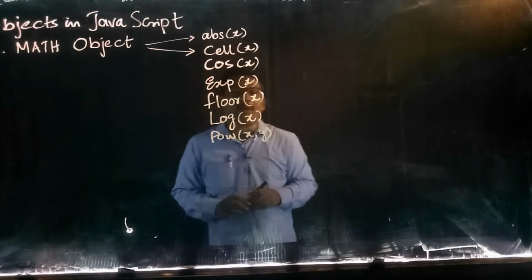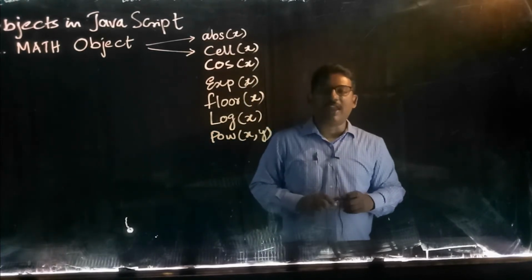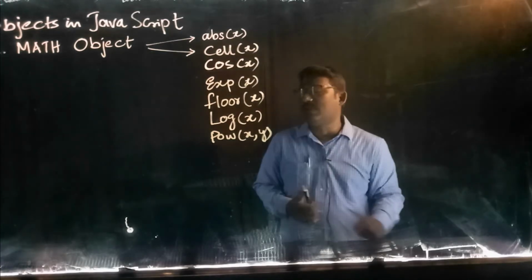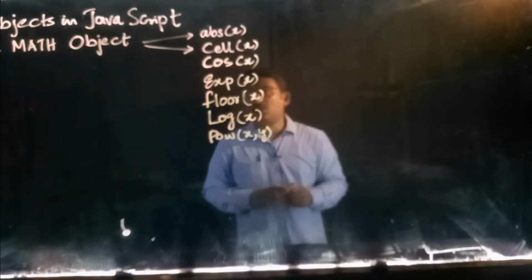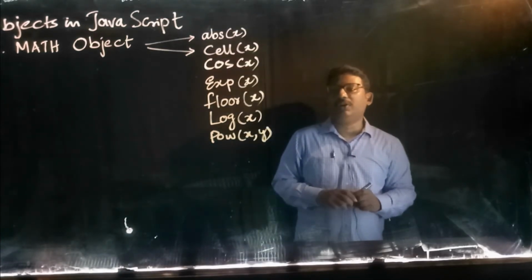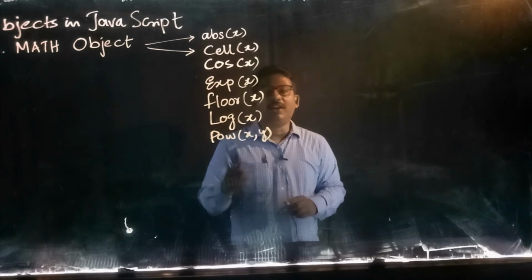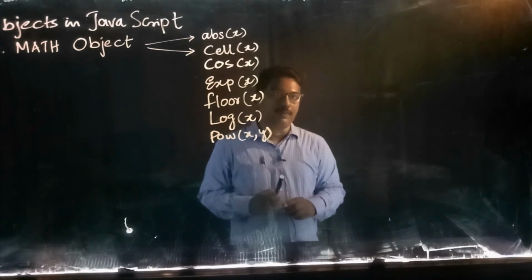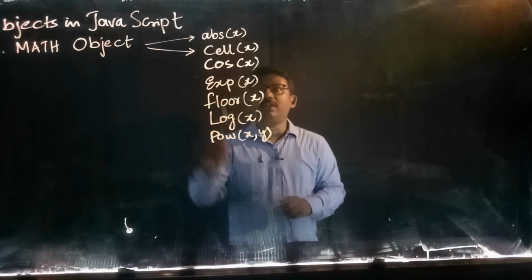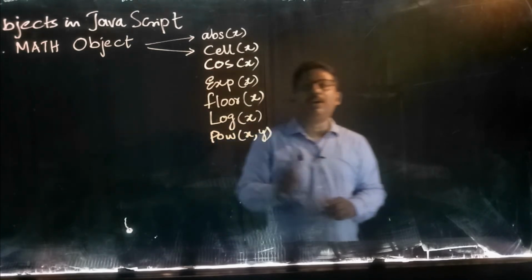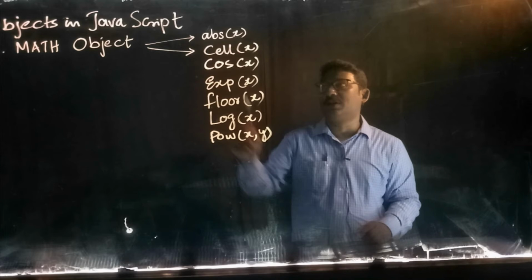Here it will give the power, that means x square, x cube, like that. We can give the power, x will be raised to the power of y. So it will give the power function. Based on this pow function, we are going to get the power option.